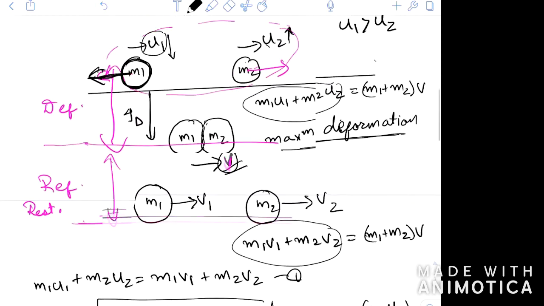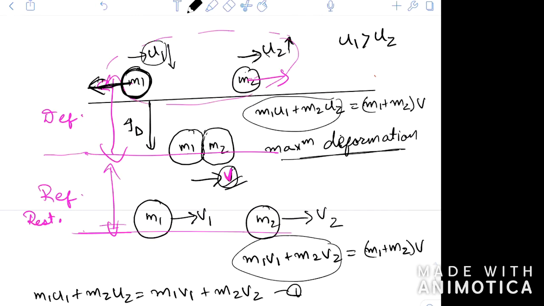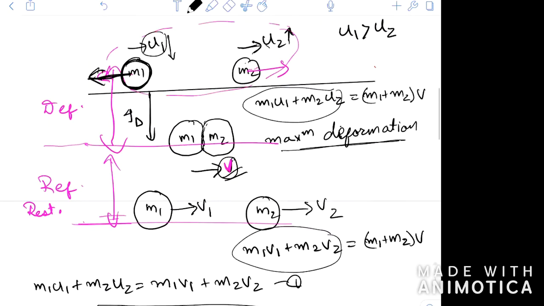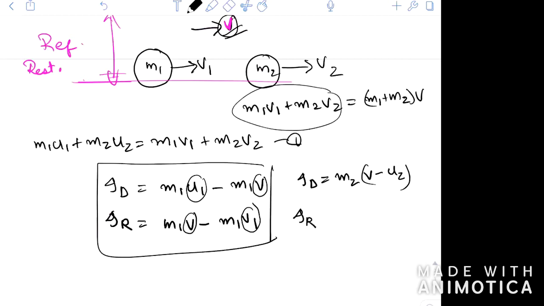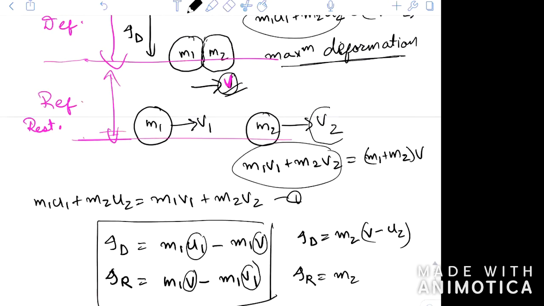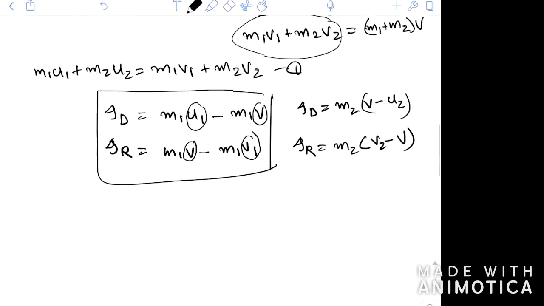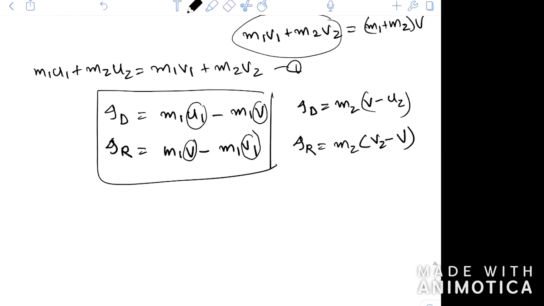So v will be larger and u2 will be smaller, so it will be m2 v minus u2, and impulse of reformation for it will be m2 v2 minus m2 v, since v2 will be larger. If you put the values here, you will see that for both the particles it is the same. Whatever is the impulse of deformation here is the same here also, whatever is the impulse of reformation here is the same here also. It has to be the same, no? Because the same forces are acting.